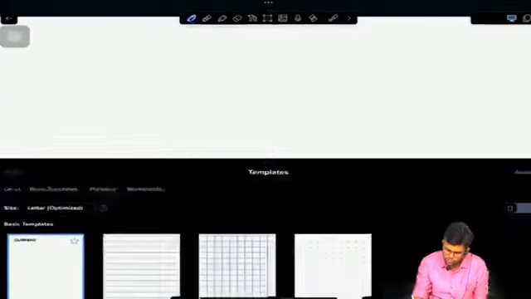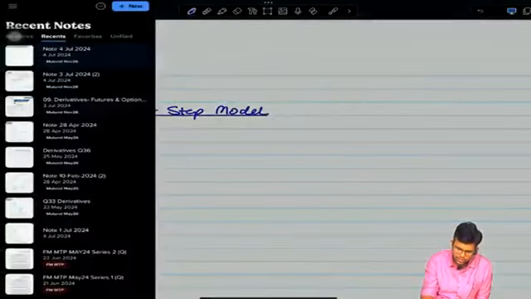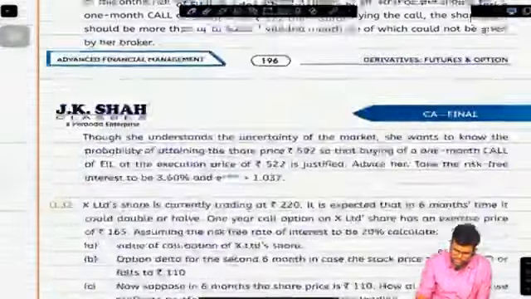Point number B. Now don't write, Point number B, two-step model. And to explain this model to you, I would request you all to come to question number.